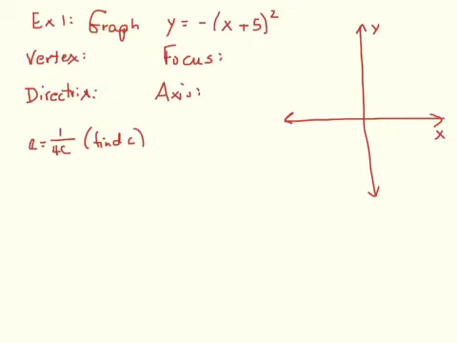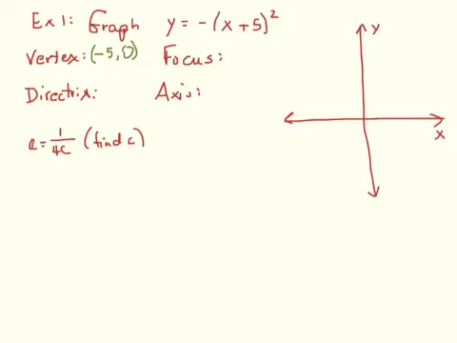Okay, for this first example, we're going to graph y is equal to negative x plus 5 squared. Just like with our circles, we're looking for what numbers are subtracted from our x and y to find our center, except this time we're finding a vertex. So the number that's subtracted from x is negative 5. There's nothing subtracted from y, so that's going to be 0.